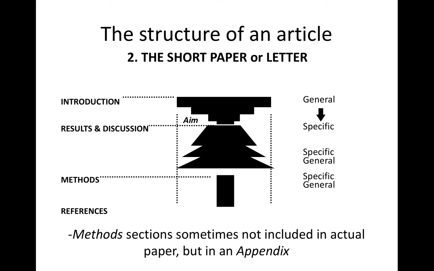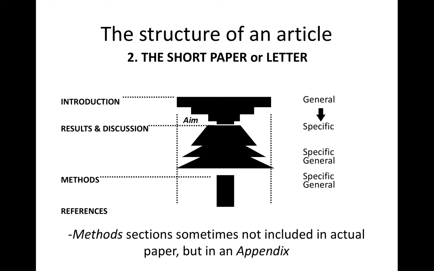Then we have the short papers, or sometimes called letters or short communications. And these have largely the same components as a traditional paper. The big difference is usually that they are shorter and that the method section is usually placed at the end of the article.